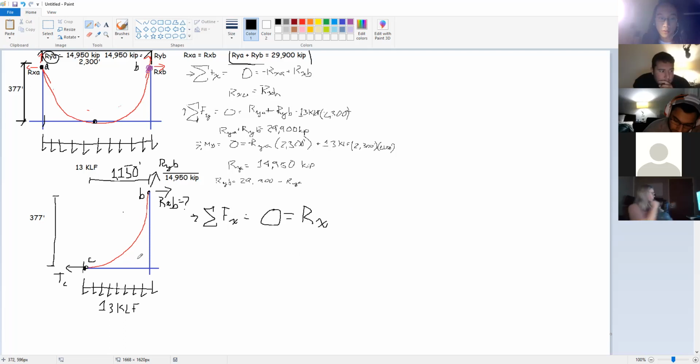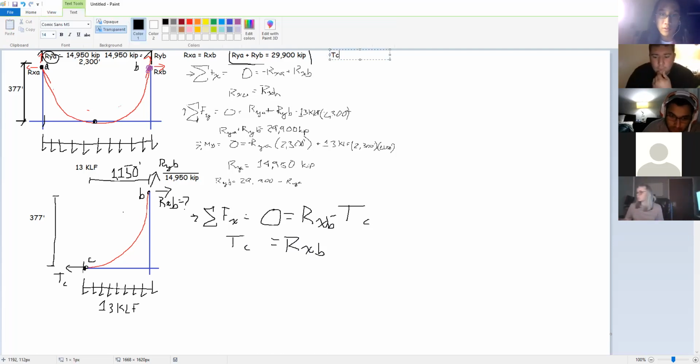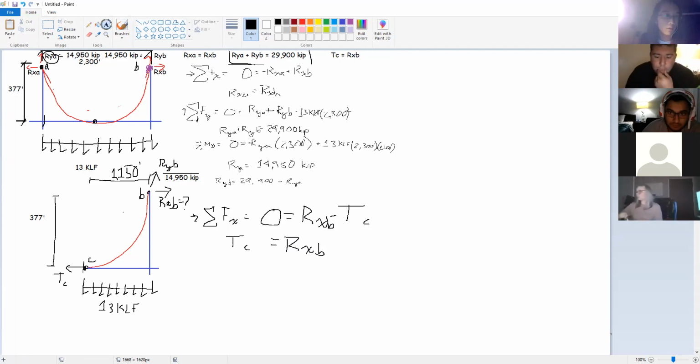I'm just going to call that TC because it's at point C, minus TC. So TC is equal to RXB. I forgot to write B. That's another equation that we're just going to put in our backlog. TC is equal to RXB.